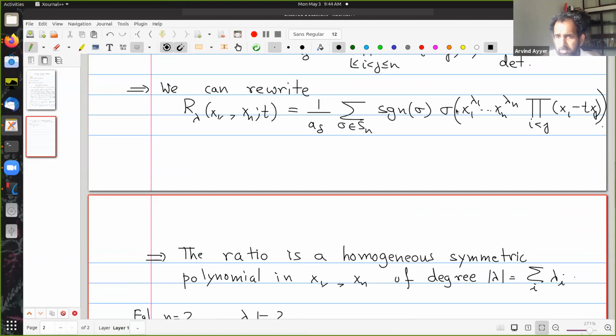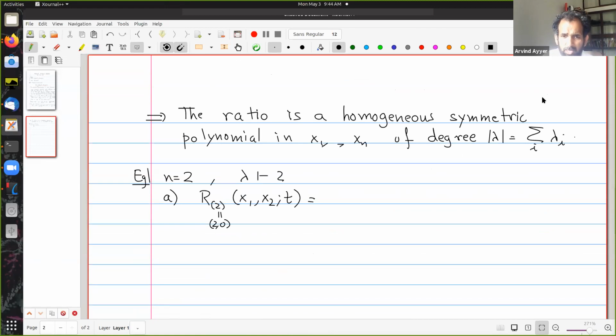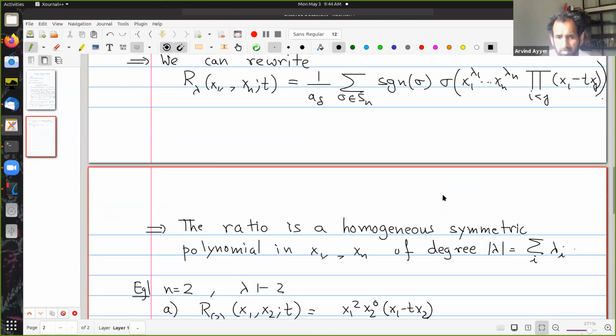And then the identity permutation gives you a plus sign, and so I'll get x1 squared x2 to the 0 times, there's only one factor here because n is 2, i has to be 1, j has to be 2. So my first term is x1 squared x2 to the 0 times x1 minus t x2, and the other term is the transposition.